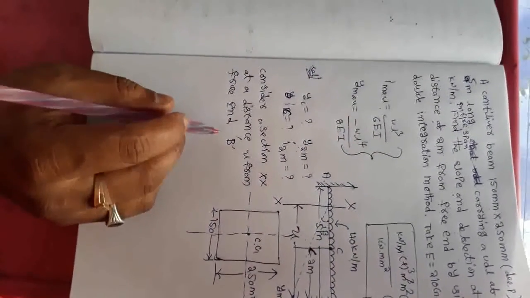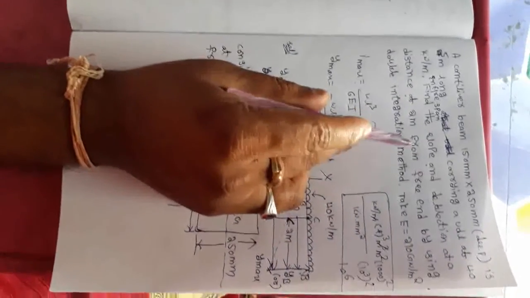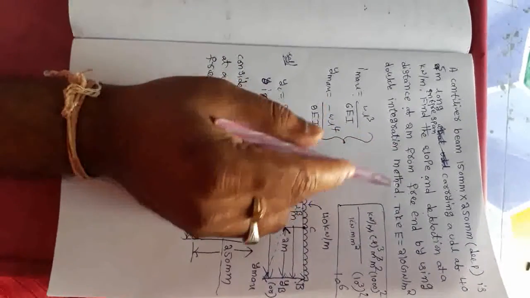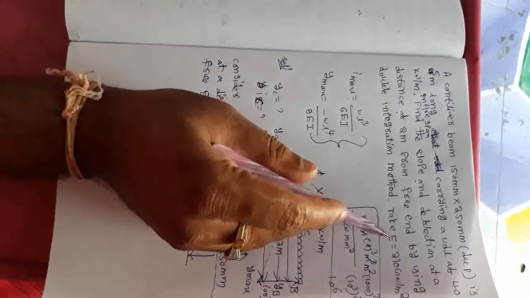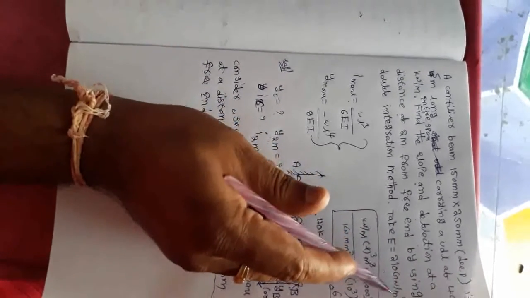In the problem there is no I value, the moment of inertia, but an E value is given, that is 210 giganewton per meter square.